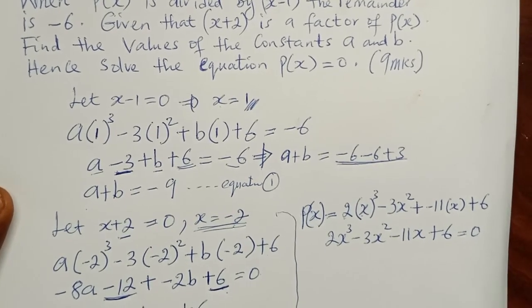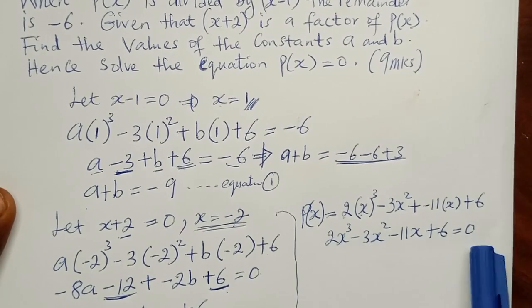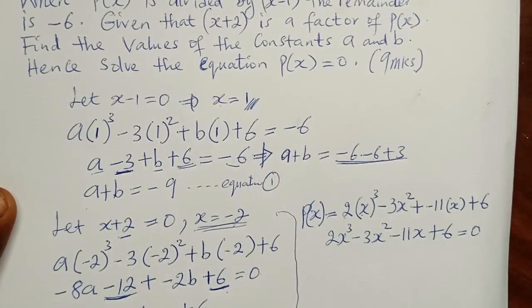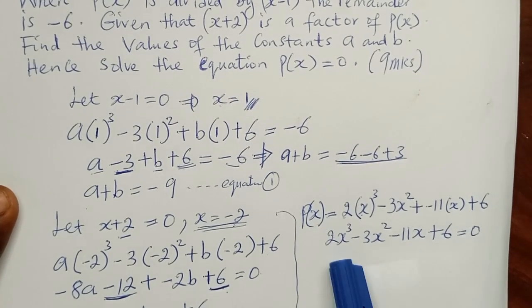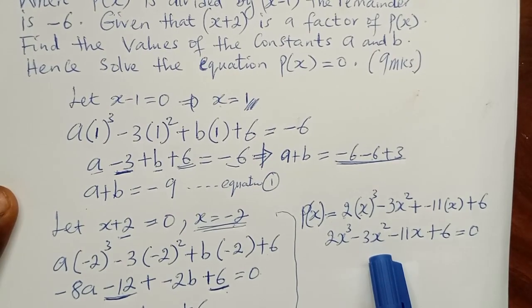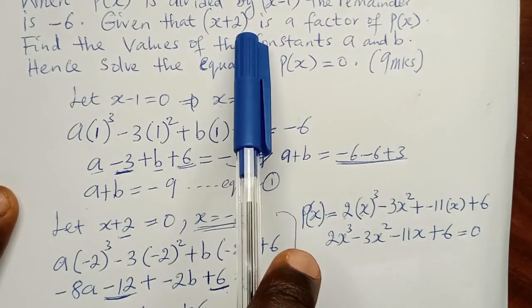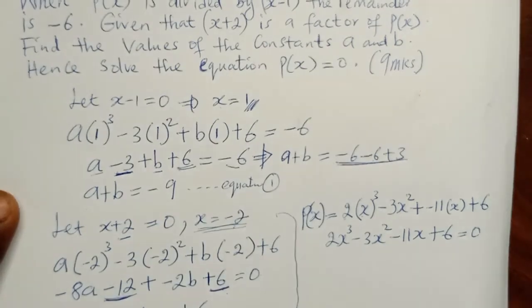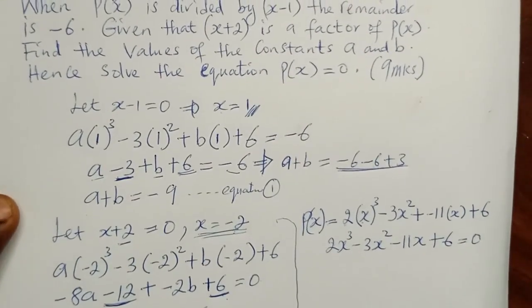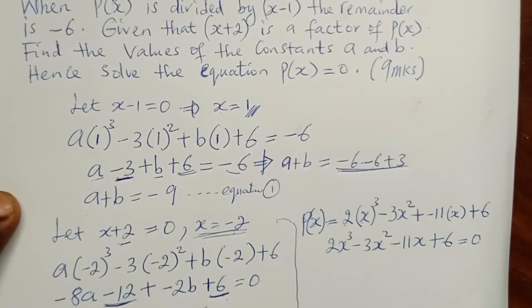When we solve this expression, we will use the result to look for the values of x using the quadratic formula. To do this, we say 2x cubed minus 3x squared minus 11x plus 6 divided by x plus 2, since it is a factor. If ever you see that something is a factor, then know that you must divide by the factor.